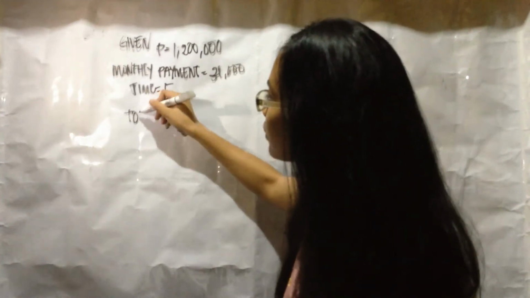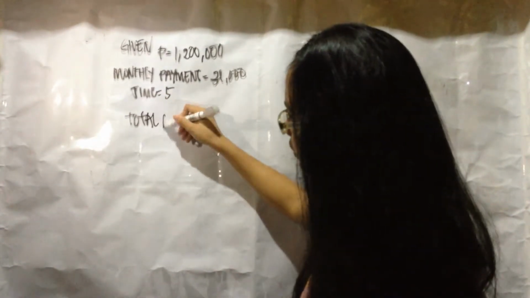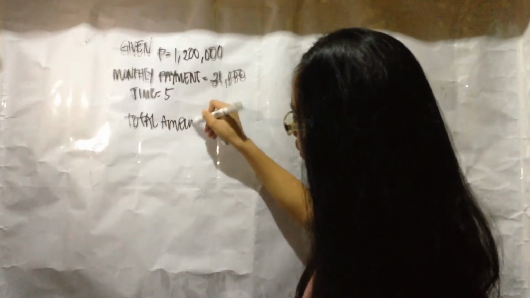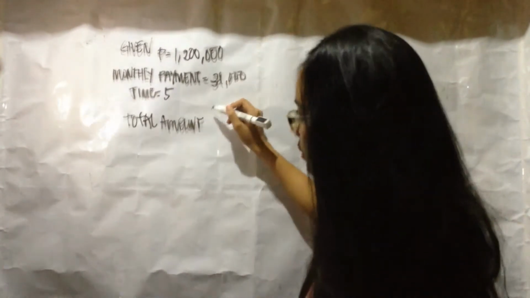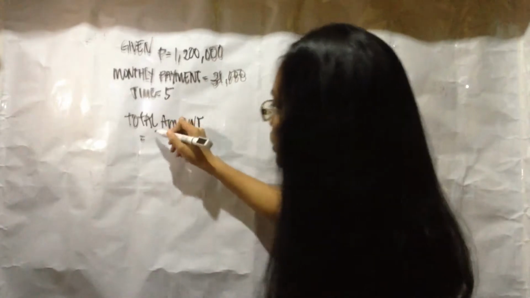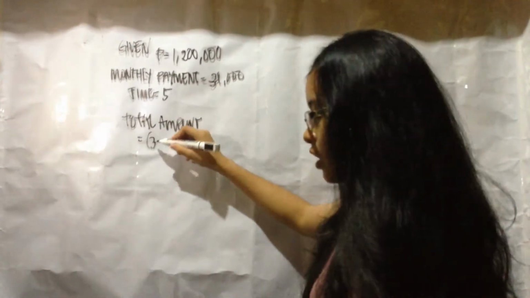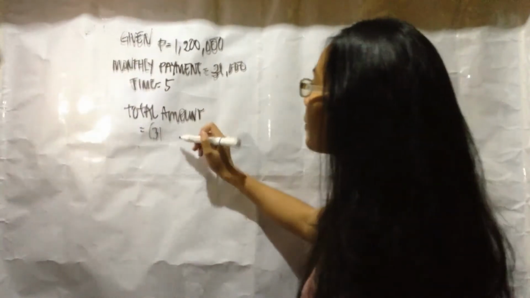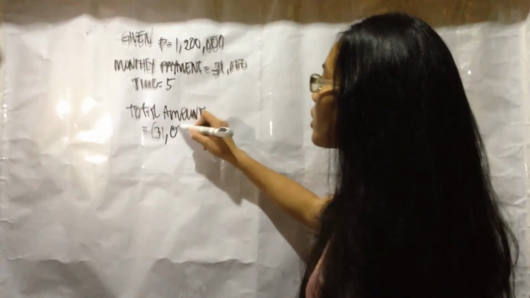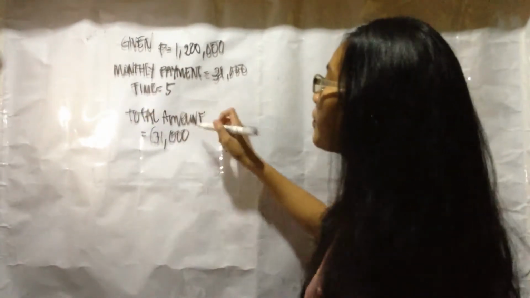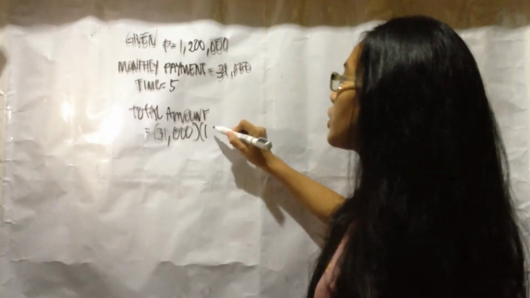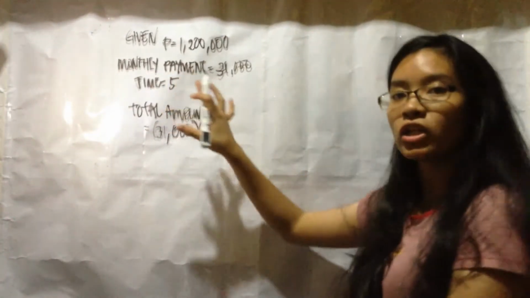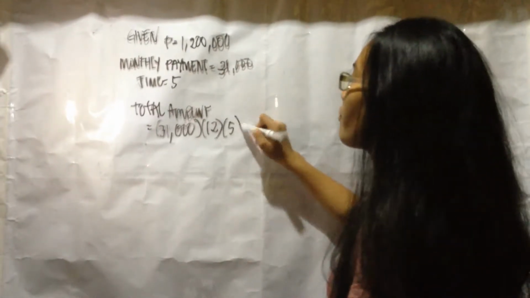Total amount, times natin siya lahat. So, i-times muna natin itong monthly payment niya at saka yung time. Lalagyan natin siya ng 12 kasi ang nakalagay doon is monthly payment times sa 5 years.